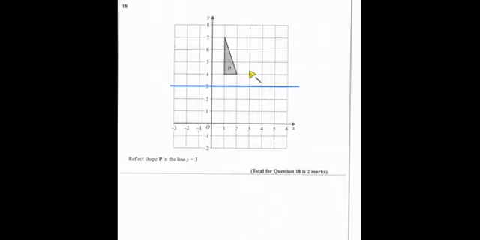Once we've found that line, we are looking for a reflection, almost as though we are looking in a mirror, and therefore we need to draw the triangle pointing in the opposite direction so that it is indeed a mirror reflection of triangle P. And just to be sure, if we measure the sides, this is 1, 2, 3, 1, 2, 3, 1 across the bottom, and it's pointing in the opposite direction, so we're all good.